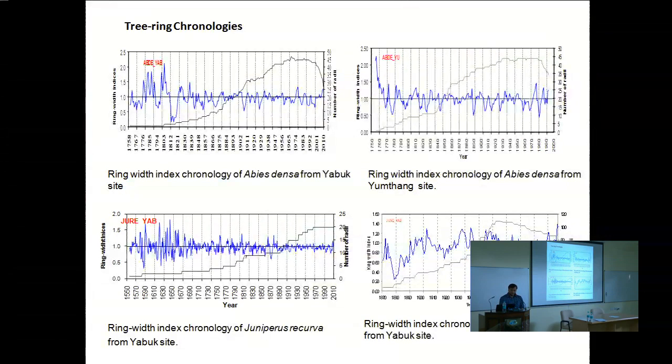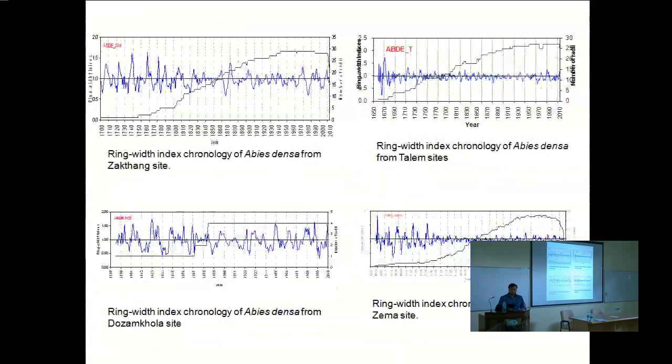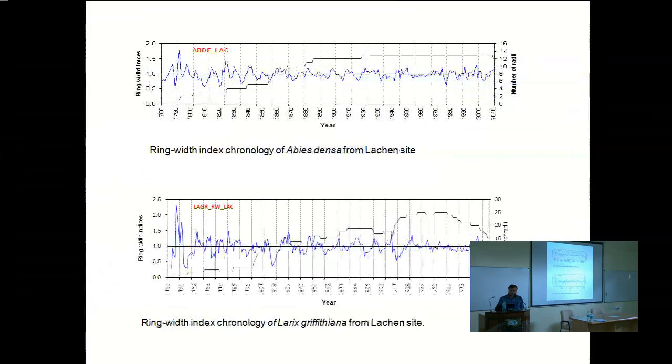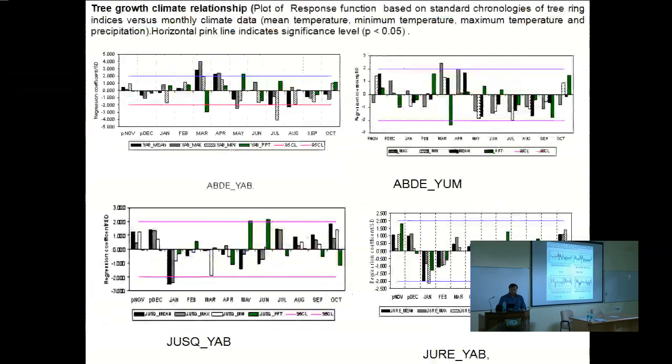Then Juniperus recurva from the tree line site, and Juniperus squamata from the Yabu tree line site. I have also developed another chronology of Abies densa from lower sites like Jackson, Talim, Dozamkala and Jema. These two are more tree ring chronologies from Lachen sites, and one is from a different species, Larix griffithiana, from Lachen.